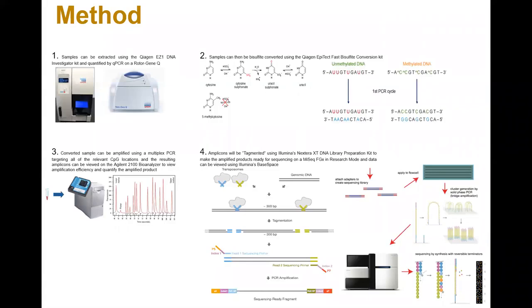It doesn't care. It will tagment the DNA and prepare it for sequencing. The data analysis, we have the ability to identify body fluids and to predict age based off of those regression models. So it's very, very straightforward. The PCR, getting that up and running, is going to be the biggest hurdle in this.